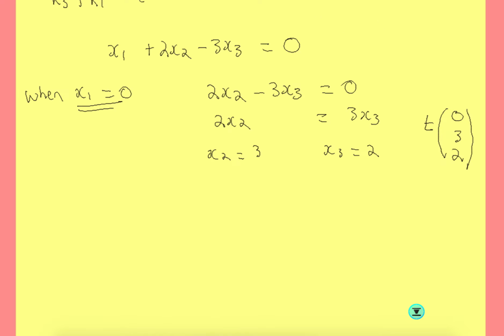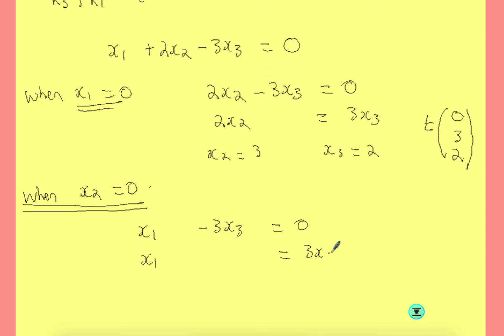So I'm just going to then choose when x2 is equal to 0. So that's x1 take away 3x3 is equal to 0. So x1 is 3x3. So that means that x1 is equal to 3 and x3 is equal to 1. Remember, we've already said x2 is equal to 0. So that means I've got 3, 0, 1.